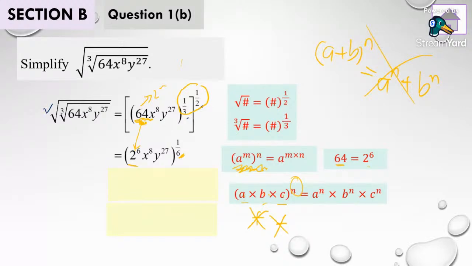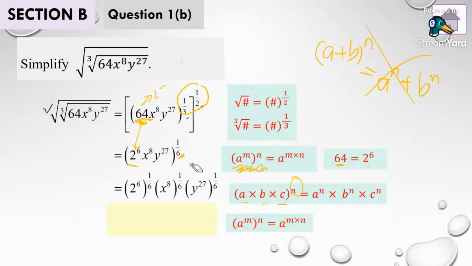So in the next line, what will happen is that 1 over 6, we expand the power on each of the terms. Simplify them again using the power of indices, the thing that we have applied just now.